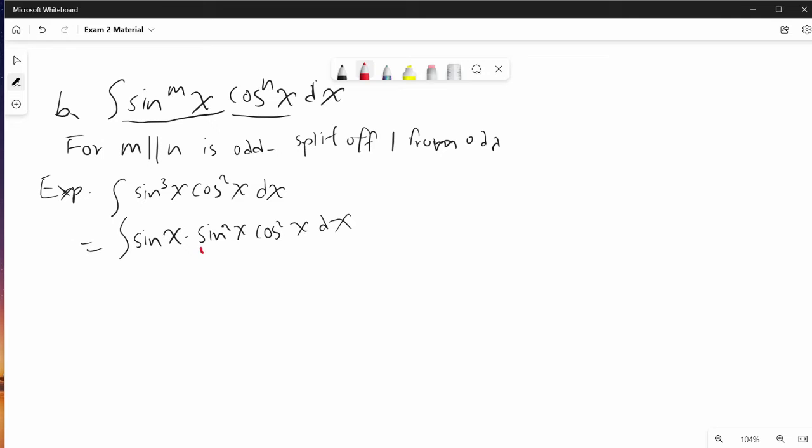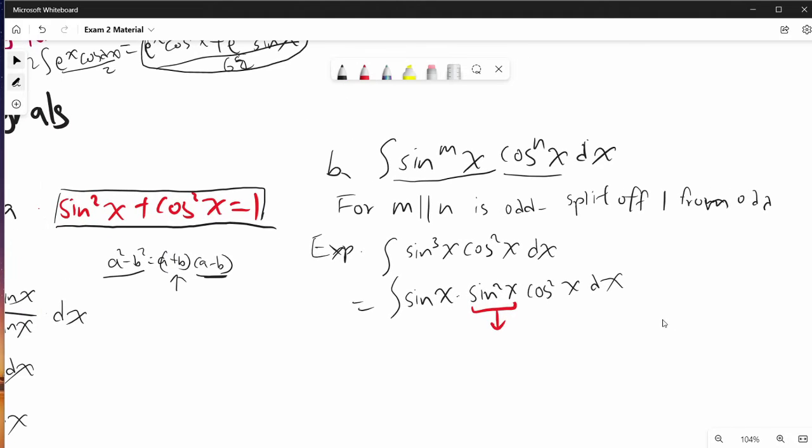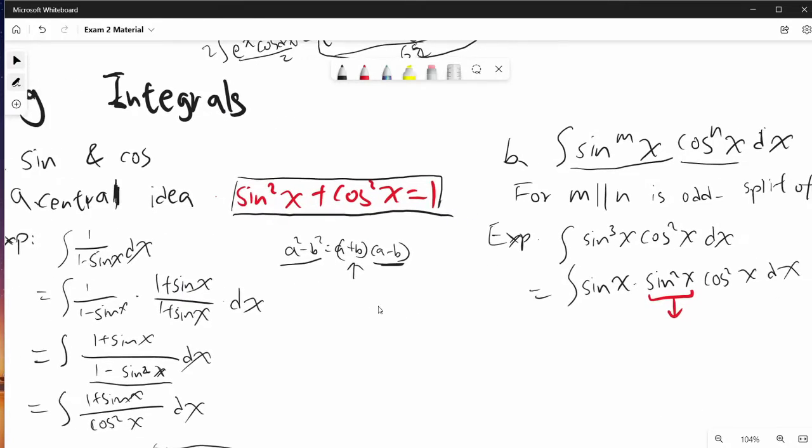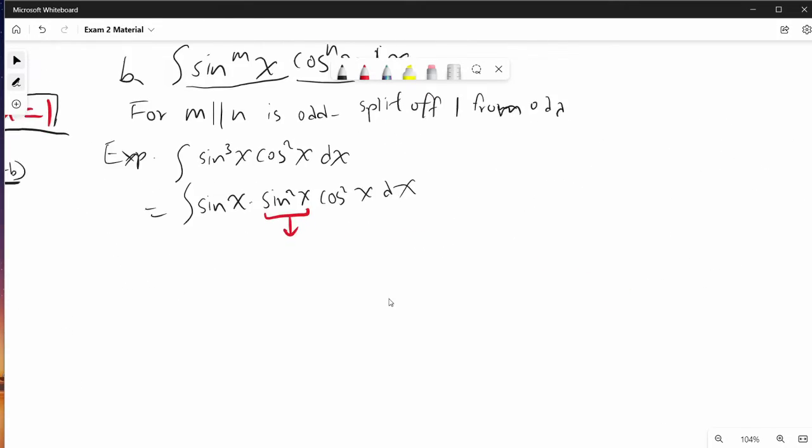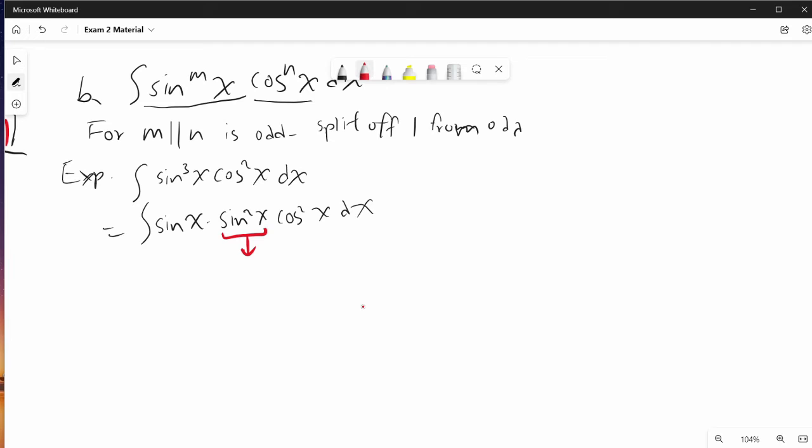And then for this sine squared x, I'm going to use the central idea again, the trig identity. I'm going to convert that into 1 minus cosine squared x, keeping all the other things the same. I'm actually going to move the sine x to the back.